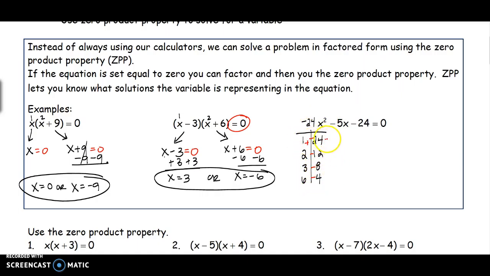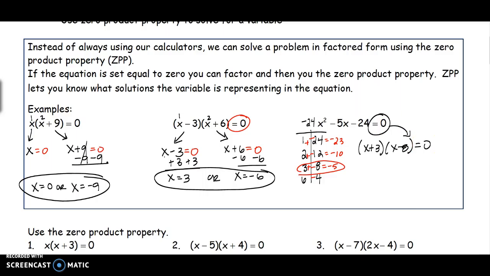So I'm going to add a negative symbol to all of those. So 1 plus -24 is -23. 2 plus -12 is -10. Still not working. 3 plus -8 is -5. Look at that. We have our answer. So just like before, we would say x plus 3, x minus 8. Now we have this equals 0, so we have to bring it down.